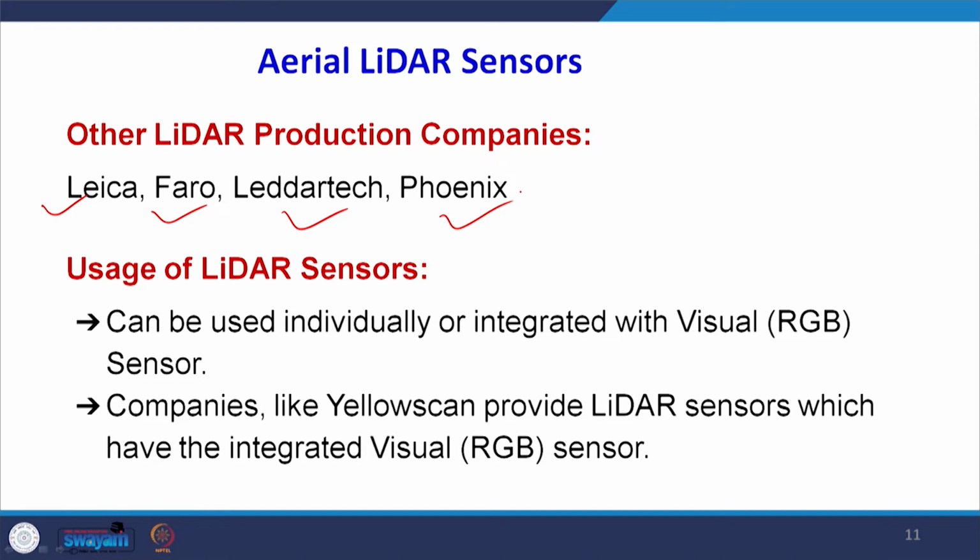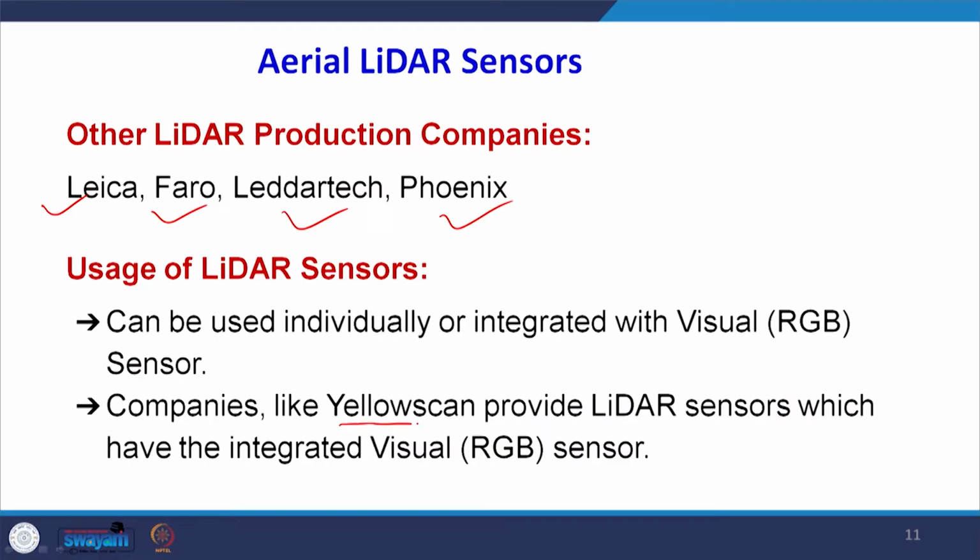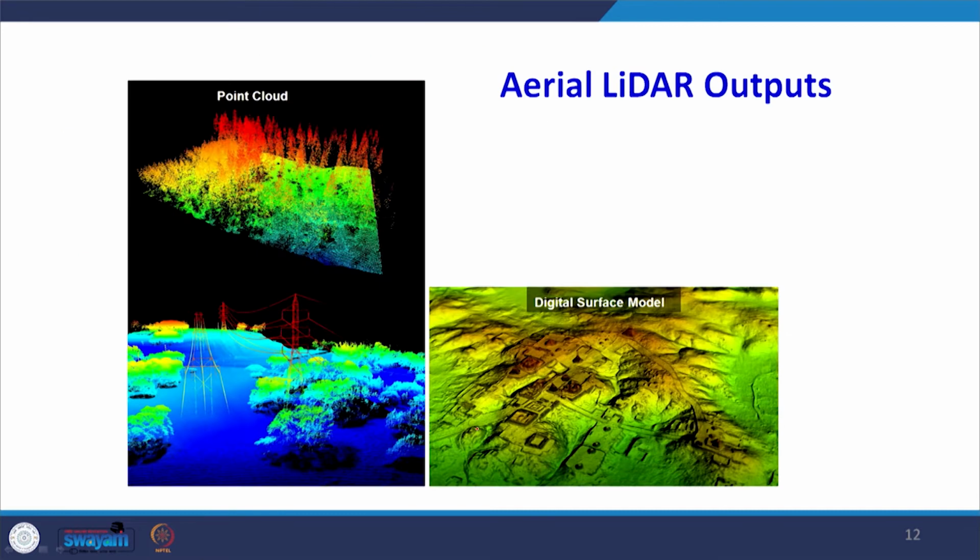So either independently can be installed or along with the RGB sensor also they can work together. And there are companies like, for example, Yellow Scan, where you can integrate the airborne sensor with the RGB also.